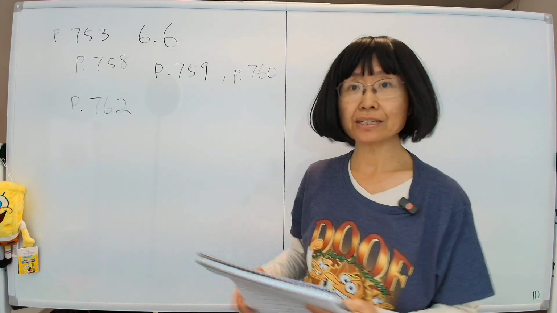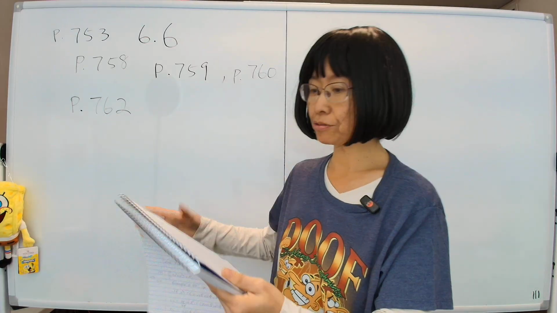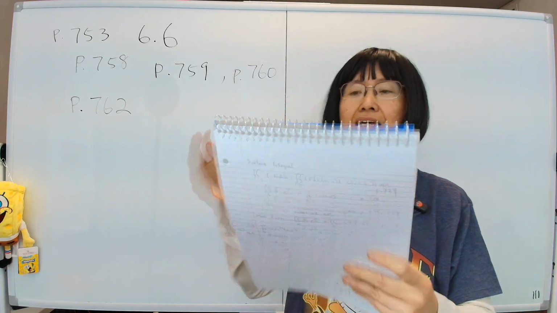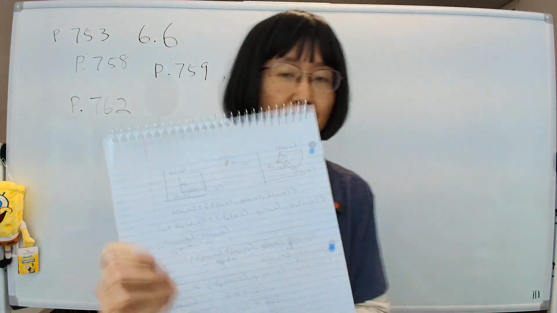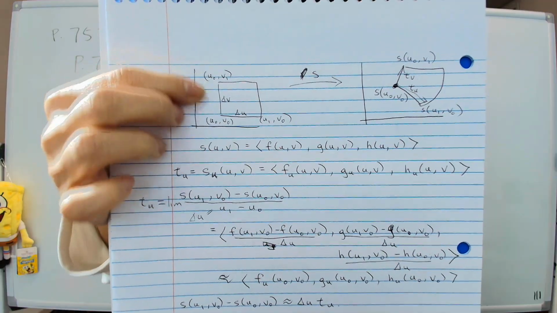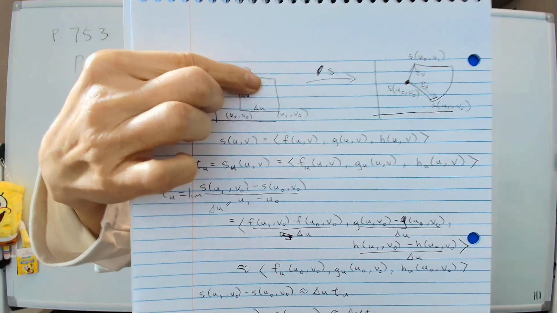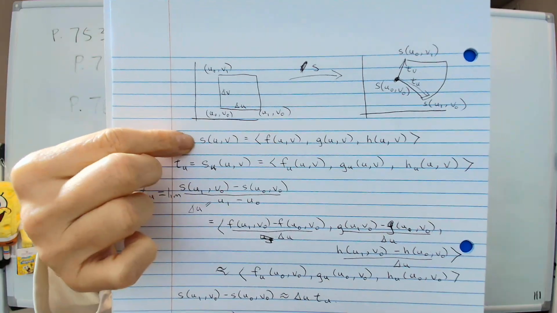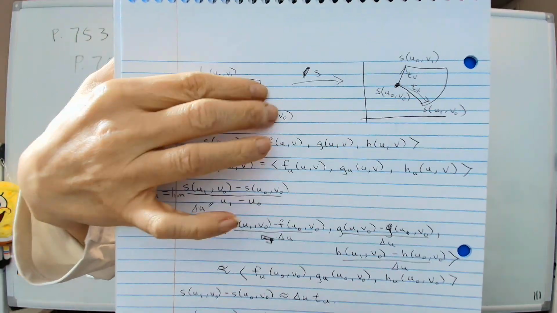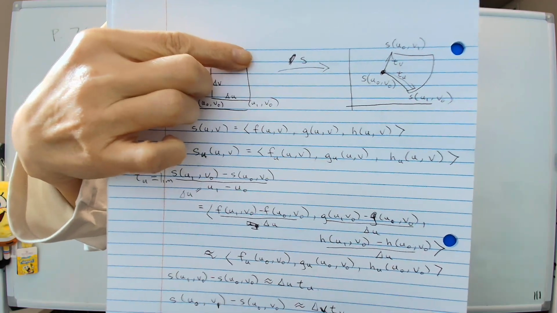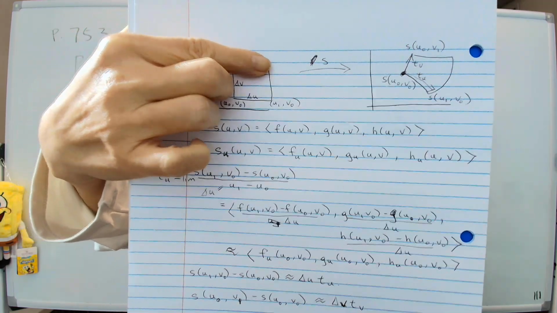Now, let's look at page 762, where we're considering the surface. The surface, as we mentioned earlier, is where you take some area in the UV plane and you transform it through an operation. I don't know why I used S instead of R. Your book used R, but I happen to use S here, so pretend that S is R. It makes no difference at all.